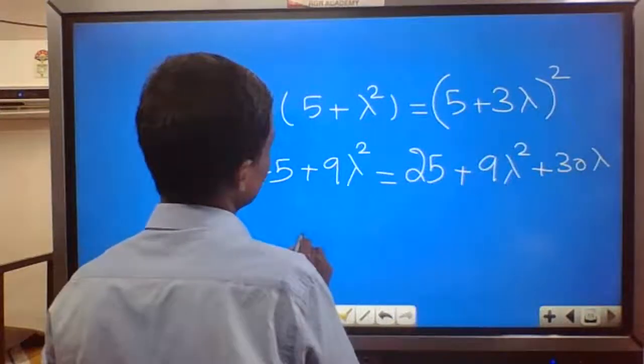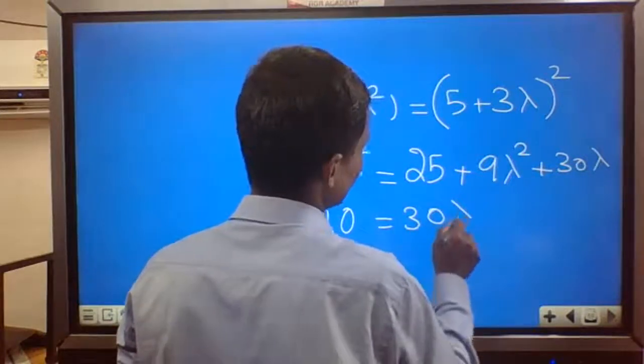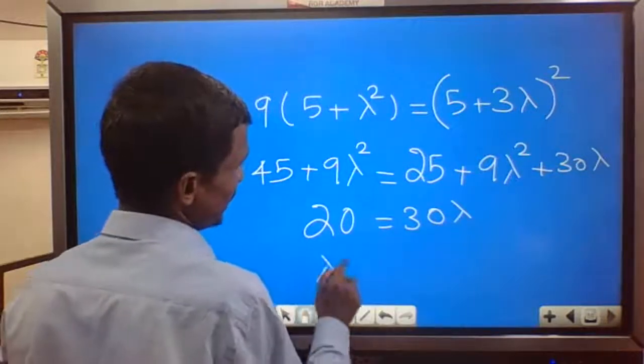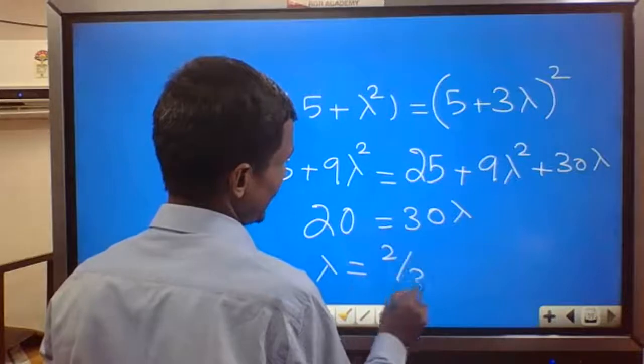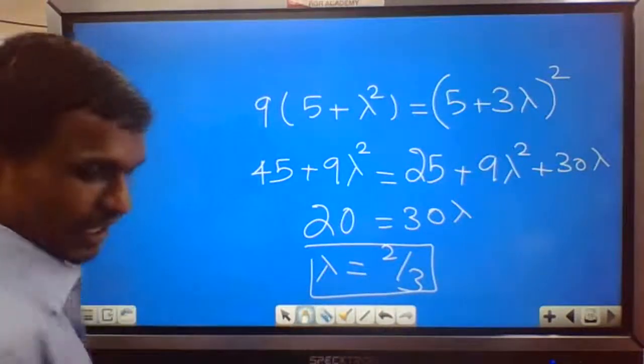Cancel to each other. Here 20 equal to 30 lambda. So lambda equal to 2 divided by 3. Lambda equal to what? 2 divided by 3.